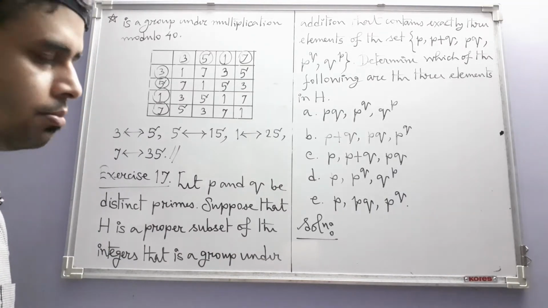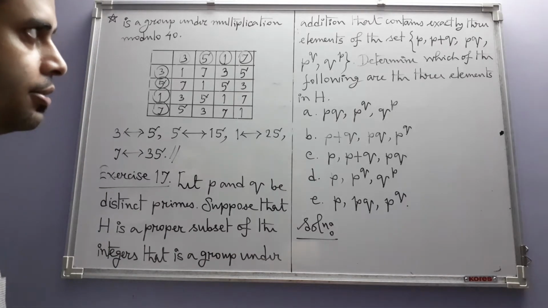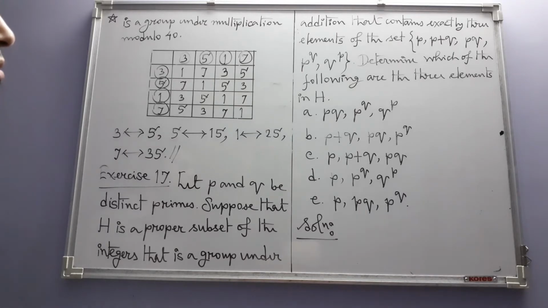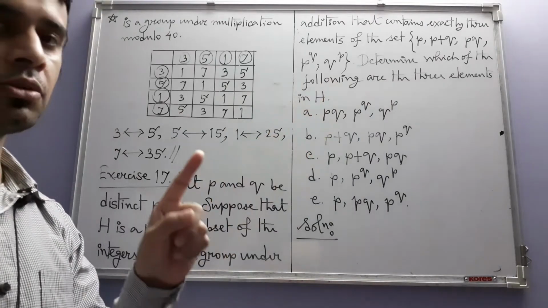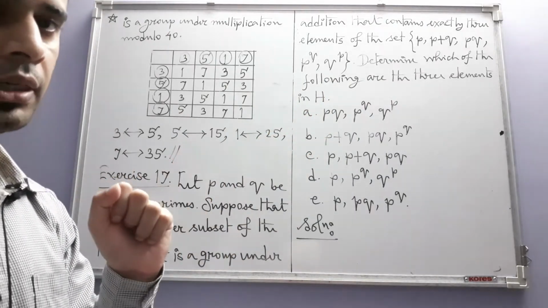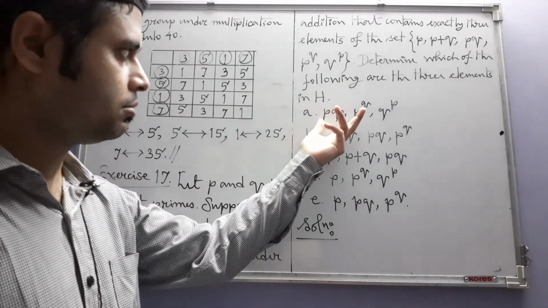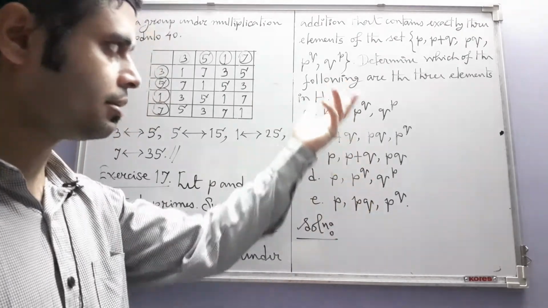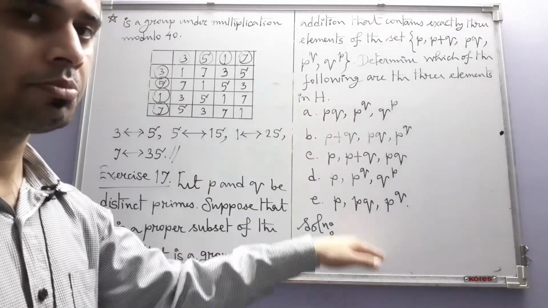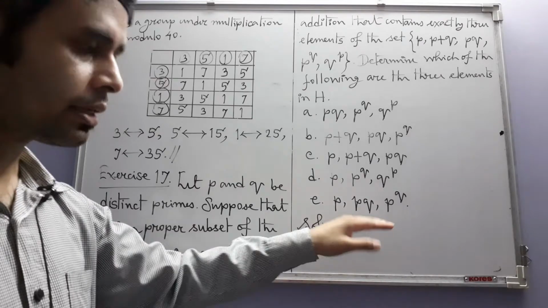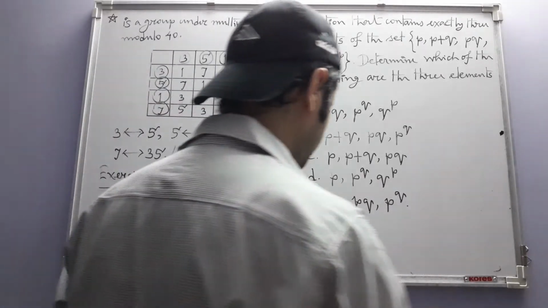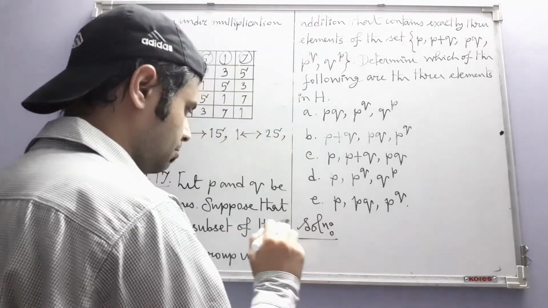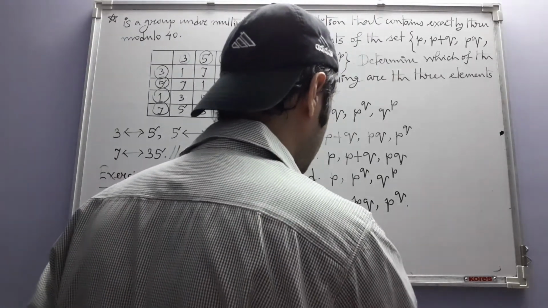H is a group under ordinary integer addition, and from among these 5 integers, H contains exactly 3. So what can those 3 integers be? For this we make a particular observation.